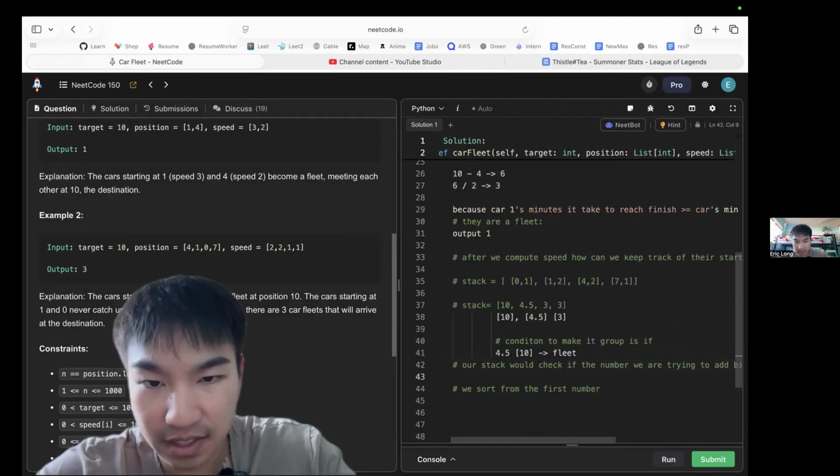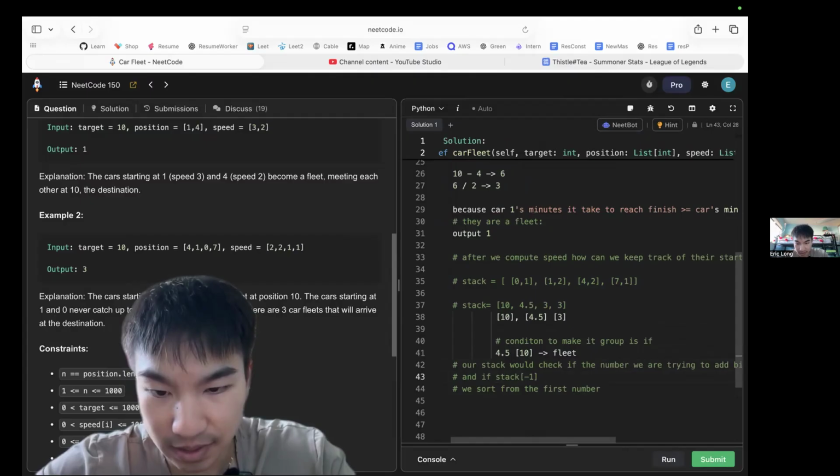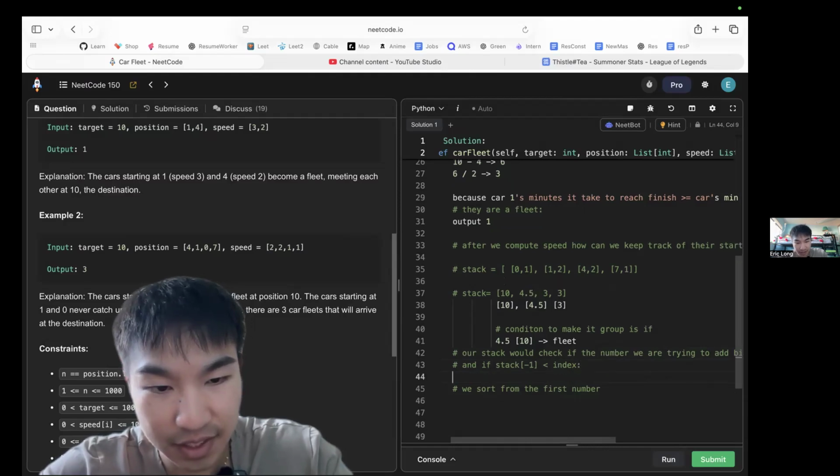And if it is, and if the stack at this negative position is smaller than the current one, then the current index is in a fleet.